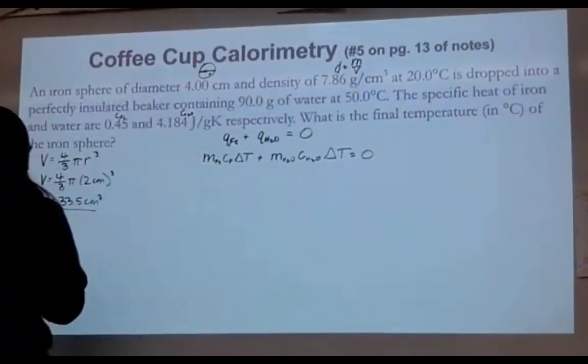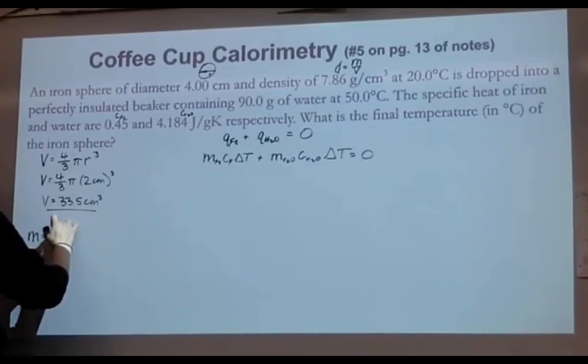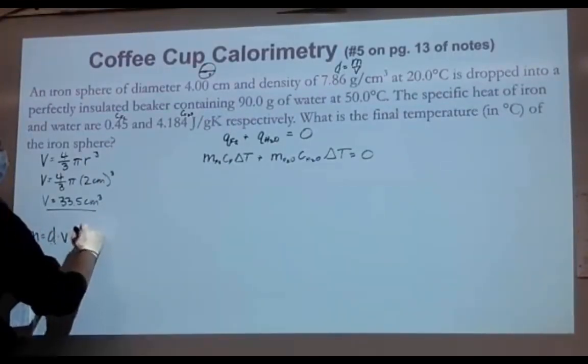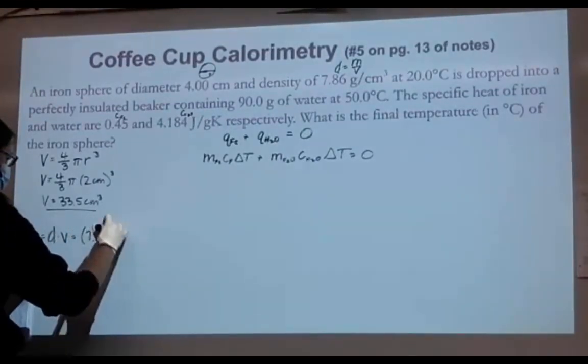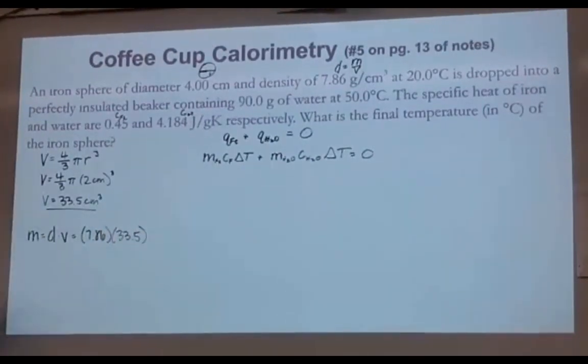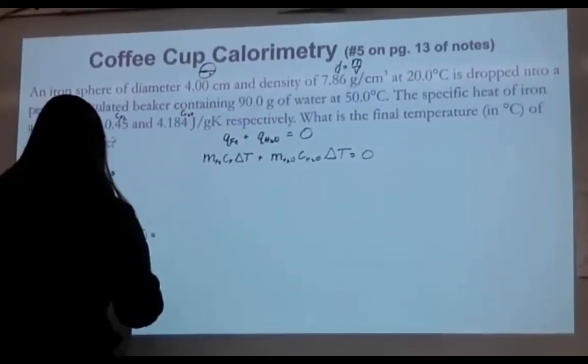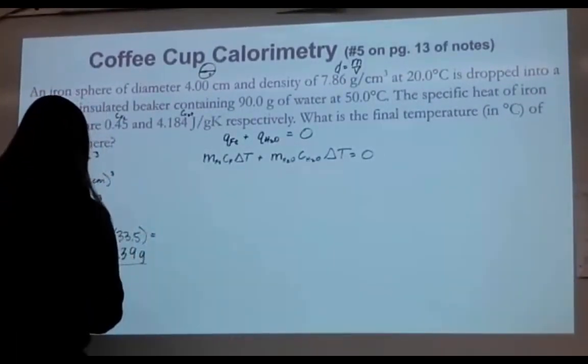So the mass is density times volume, 7.86 times 33.5. So it's all this background just to get the mass of the iron sphere. That is 263.39 grams.